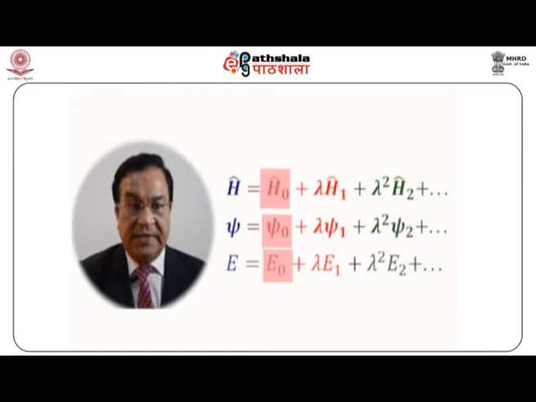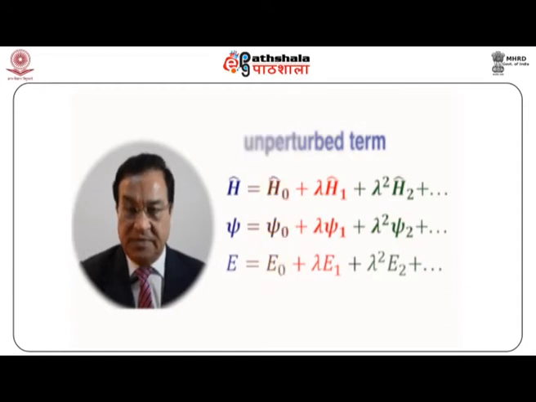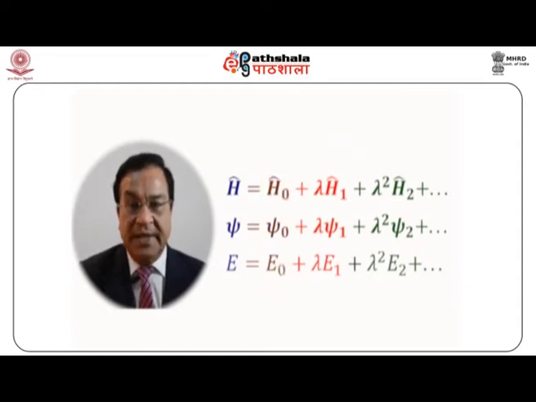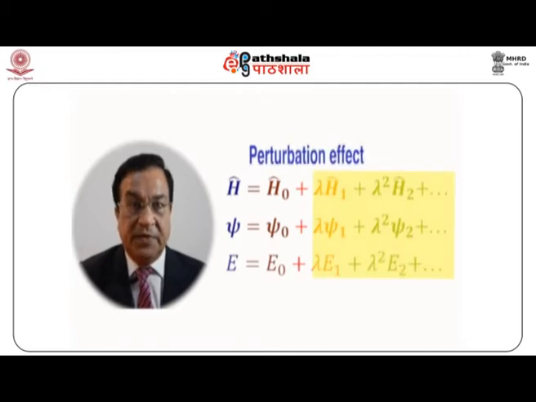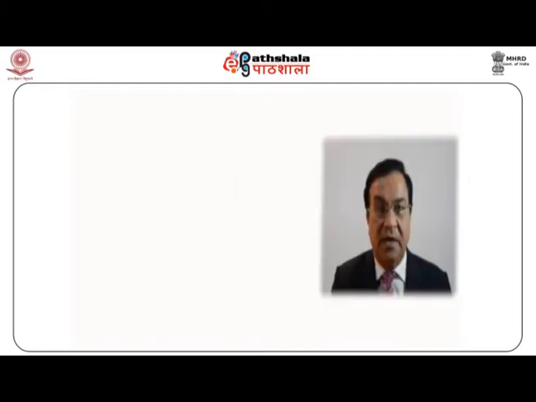And therefore, we can say that these terms H0, ψ0 and E0 represent unperturbed terms, while the remaining terms in each of these equations represent the correction terms which indicate the perturbation effect.